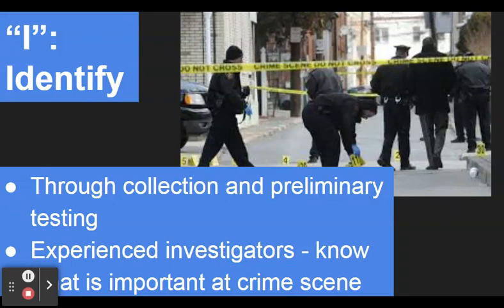So an experienced investigator is going to be able to identify what's important, what's not. And so that's where detectives and investigators have a little bit of skill that is important to this. It's not just education. It has to be natural ability too. Because if you can't naturally determine what's important and what's not, it's going to guide the case in a different direction.